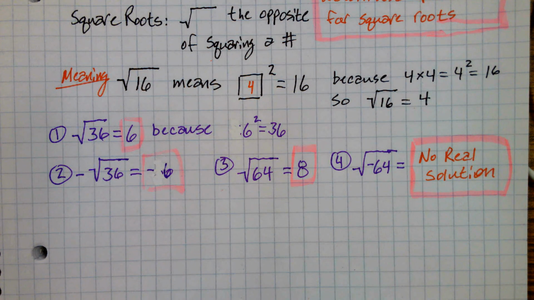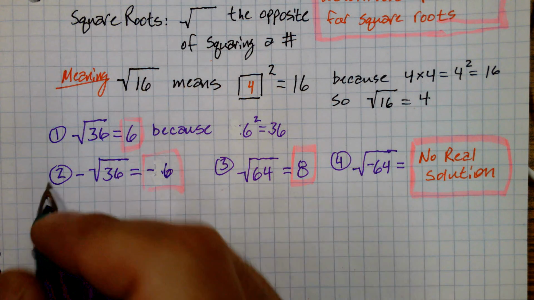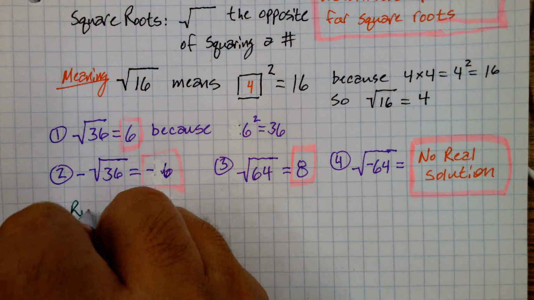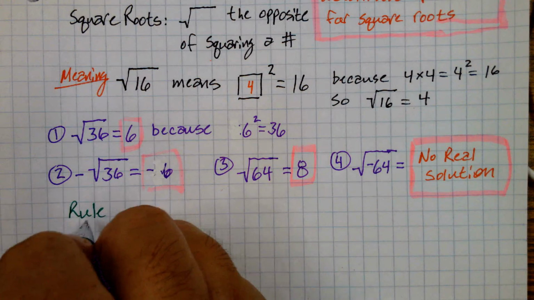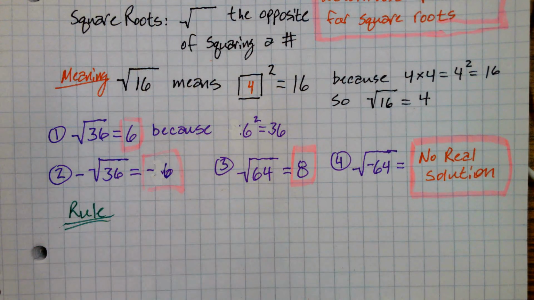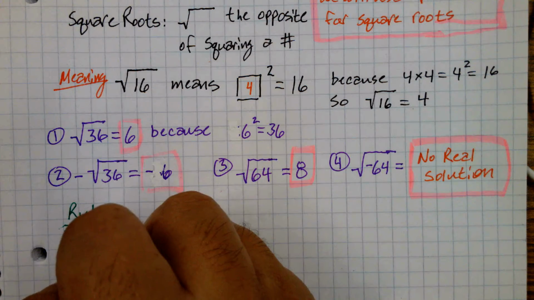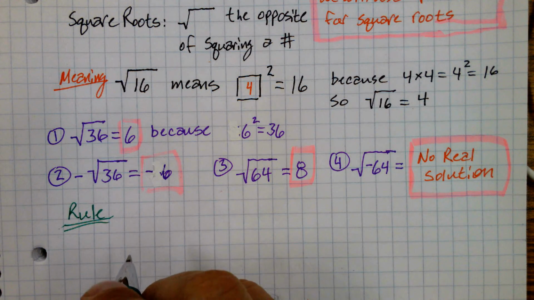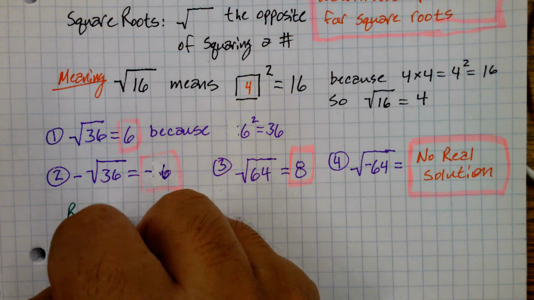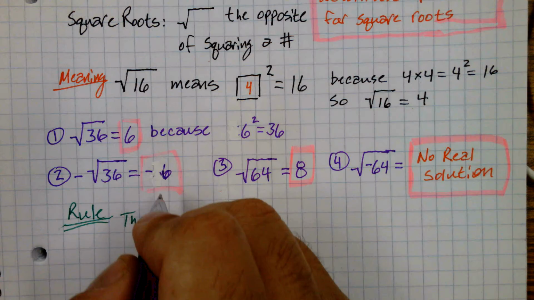Well, yeah. That's something you should know. And so it's actually a rule. Make sure this is kind of a biggie here. Basically, the square root of a negative number has no real solution. Write this down.